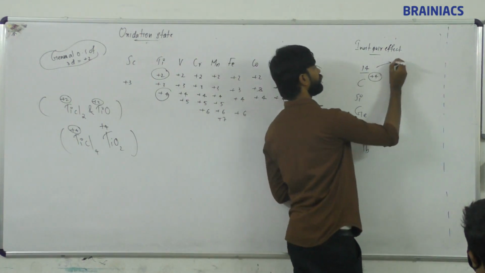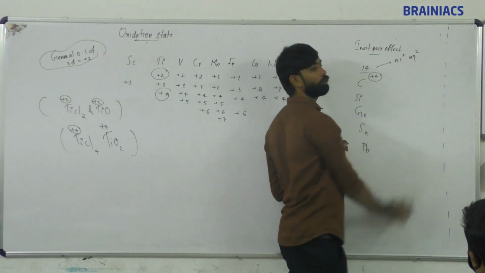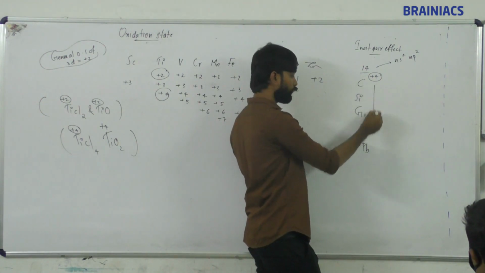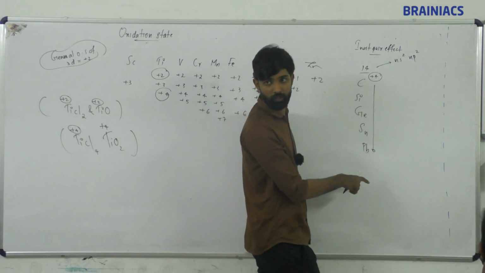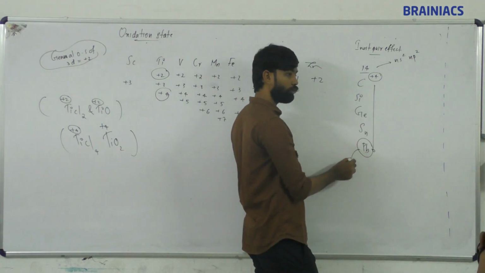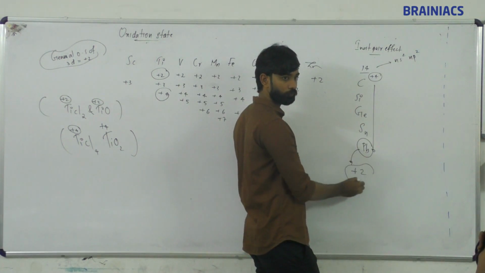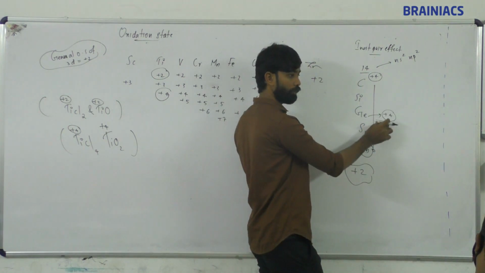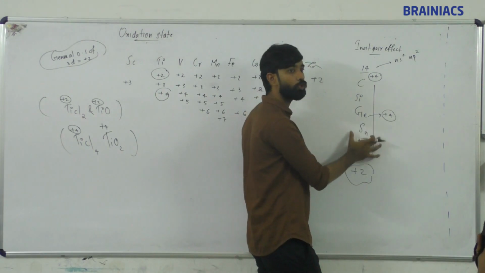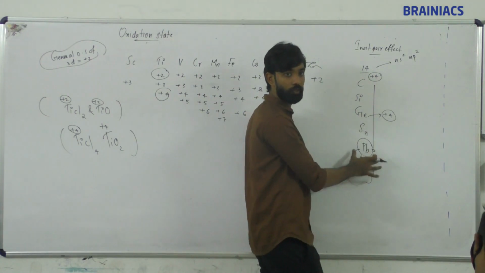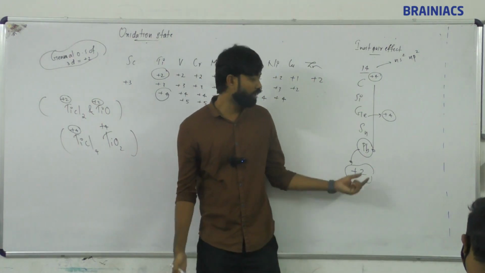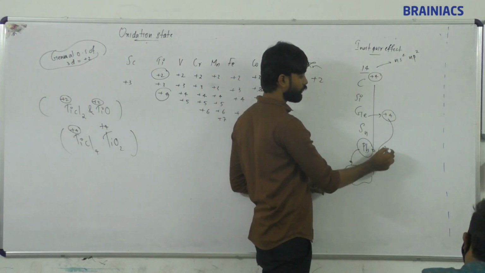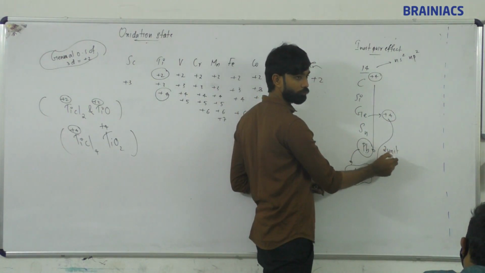And you know the general electronic configuration is ns2 np2. So carbon readily shows +4. But down the group, the tendency to show +4 decreases, and the bottom member can show +2. Germanium can show +4 readily, but on moving down, the tendency to show +4 decreases, and they readily show the lower oxidation state, +2, which means a 2-unit lesser oxidation state.